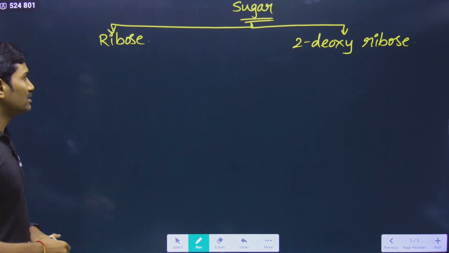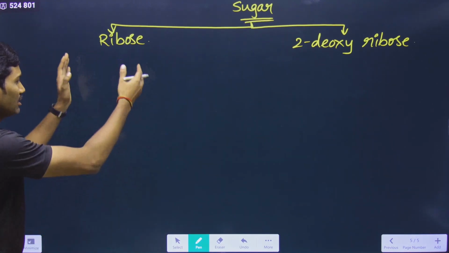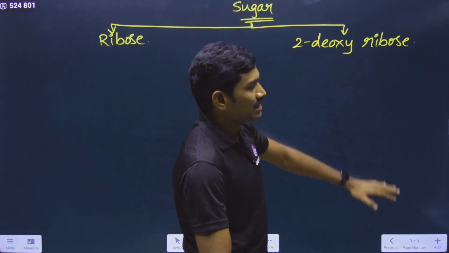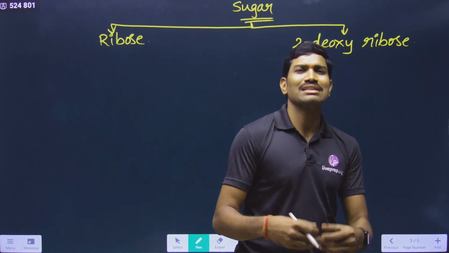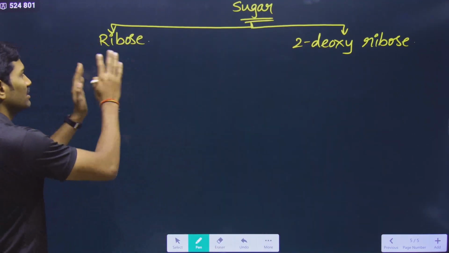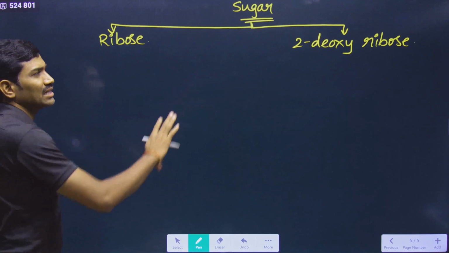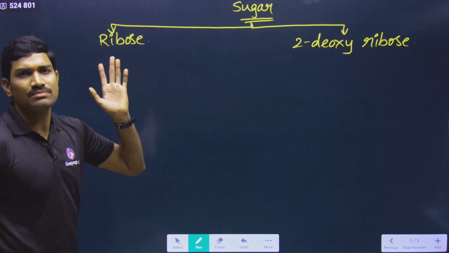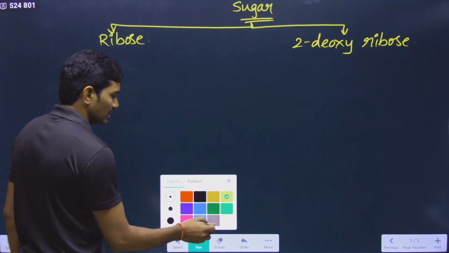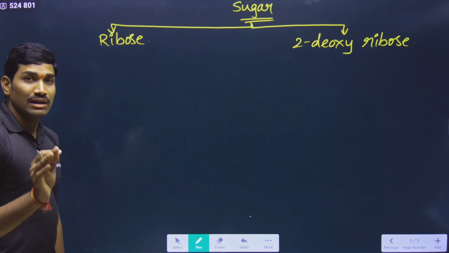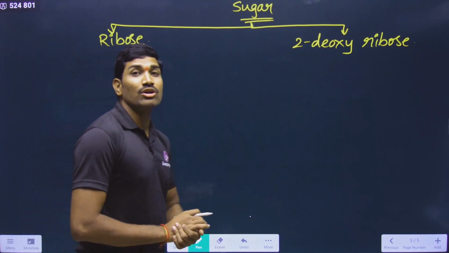And what I will do is, regarding the ribose, I will write on this side. For 2-deoxyribose, I will write on this side, so that you can easily understand this. If you are observing the content of ribose, you can easily understand that, because it is just a simple change. Okay, let us quickly go through this. What is this ribose sugar? Already in the biomolecules you studied about carbohydrates.